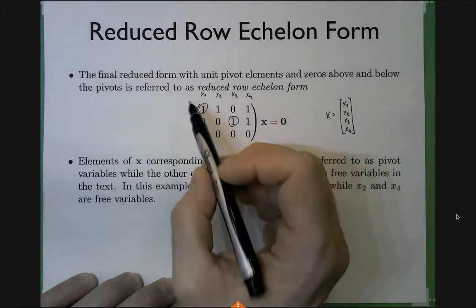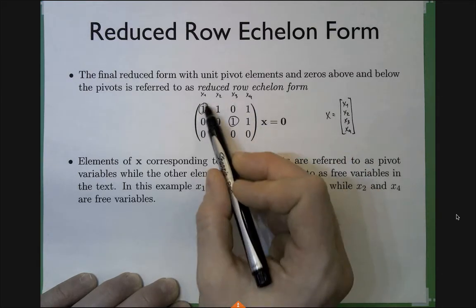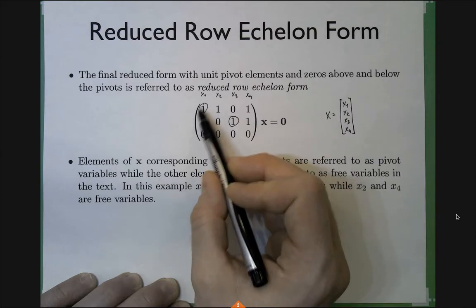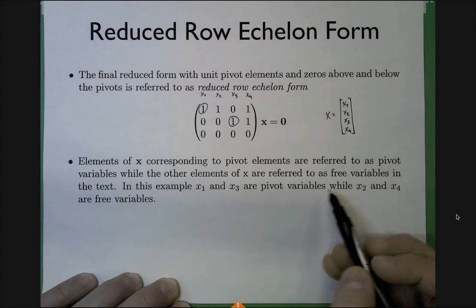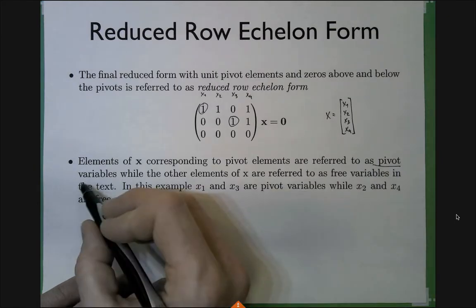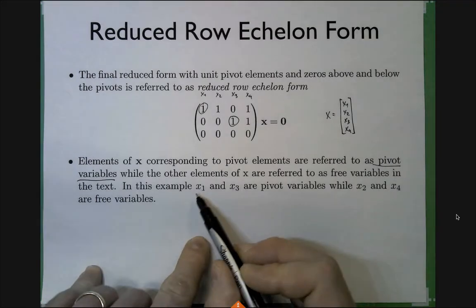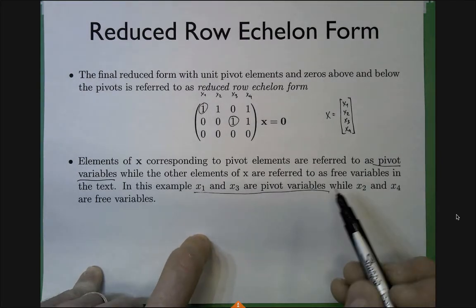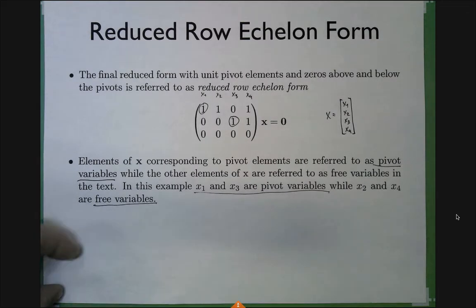In this case, it's x1 and x3 because they correspond to the pivots, in columns 1 and 3. The remaining ones, x2 and x4, they are called free variables.